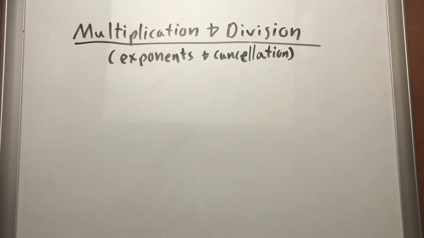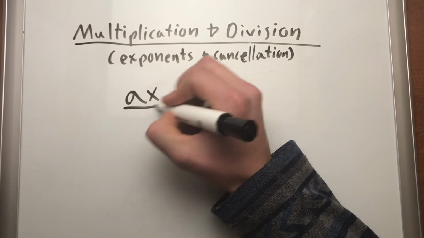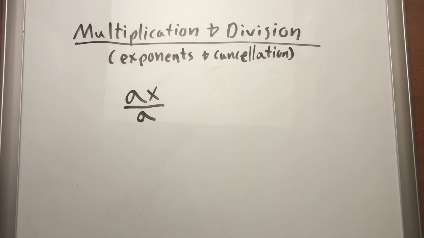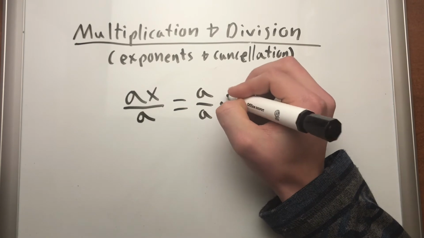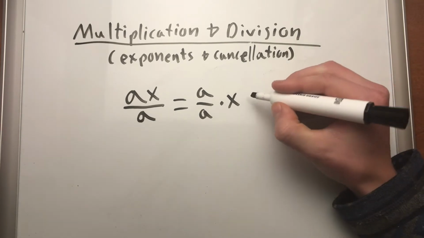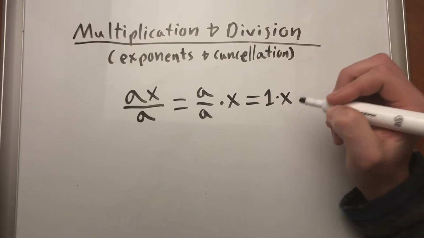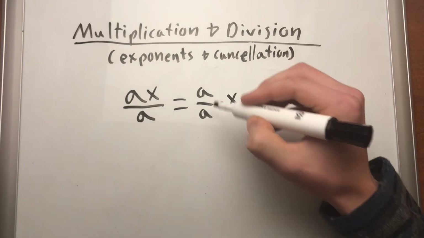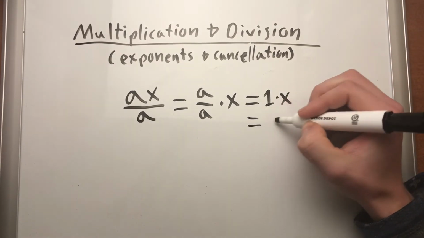Let's say you had this expression, a times x over a. Some fraction here, a times x divided by a. This can be rewritten as a divided by a times x, which in turn can be rewritten as 1 times x, because as we know, if you divide something by itself, that just equals 1, and 1 times x is just equal to x.